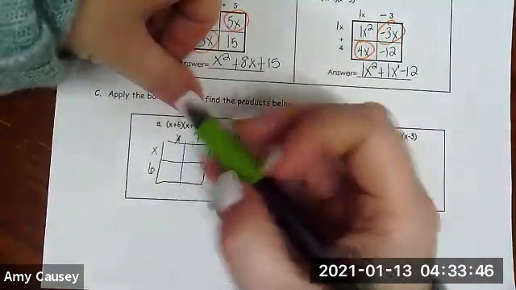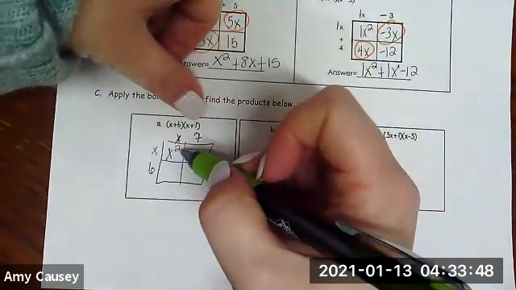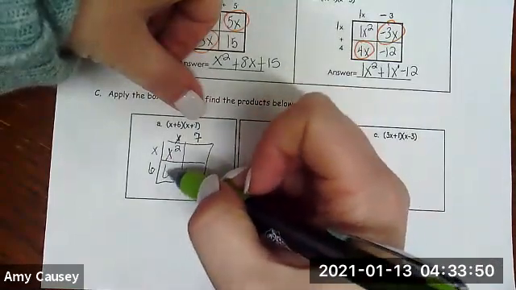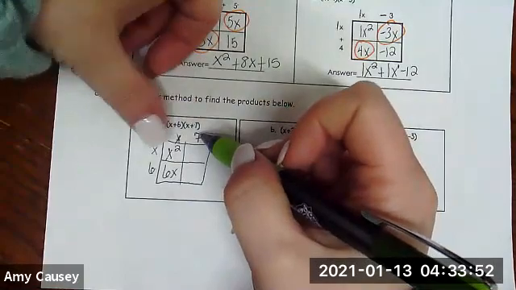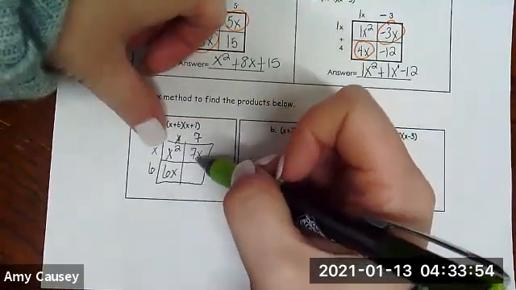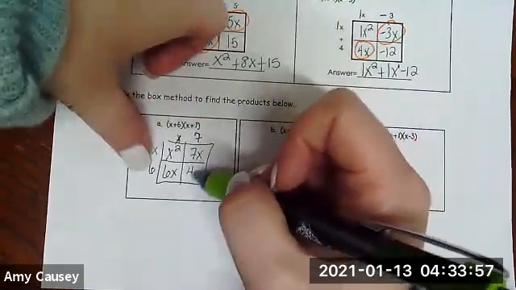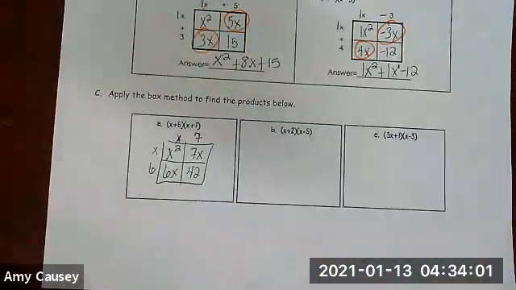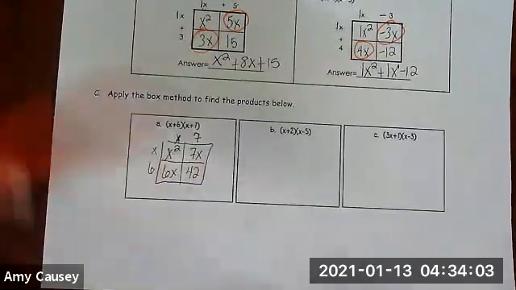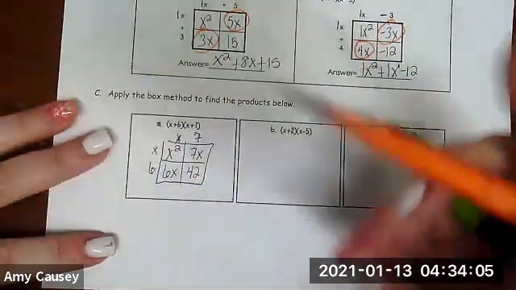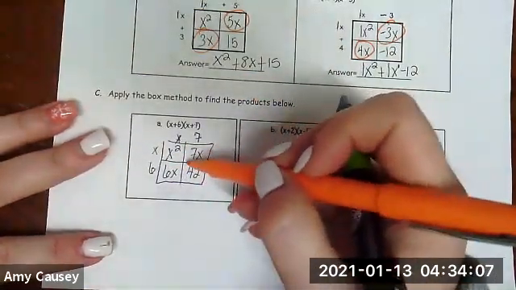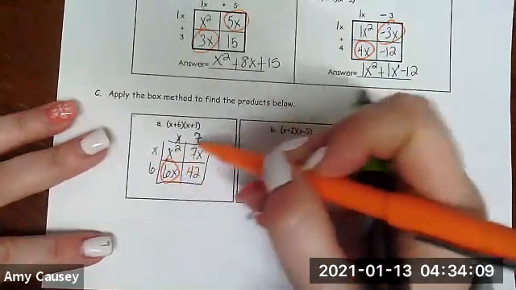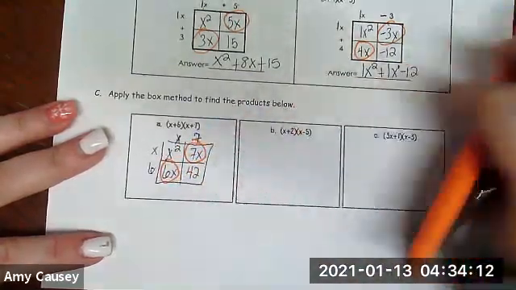So we've got x times x, x squared, 6 times x, 6x, 7 times x, 7x, 7 times 6, 42. Take a minute to fix anything that you may need to fix. And before writing it all out, we're going to check to see if there's anything we can put together. I see we've got an x here, we've got an x here.